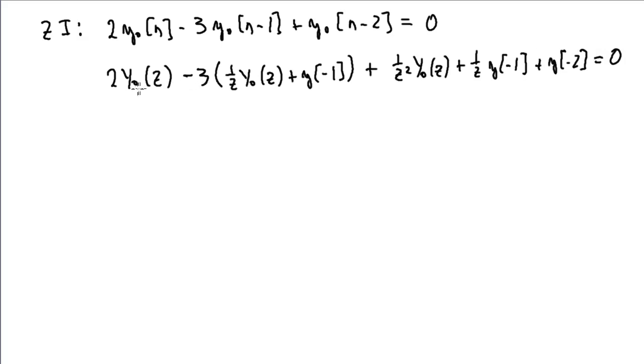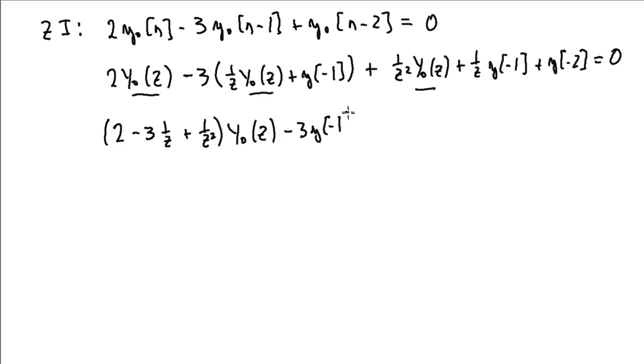So I'm going to factor out the y0 of z term wherever it appears, and so I'll have 2 minus 3 1 over z plus 1 over z squared, all times y0 of z, and then writing out my other terms, I've got a minus 3 y of minus 1 plus 1 over z y of minus 1 plus y of minus 2, all equal to 0.